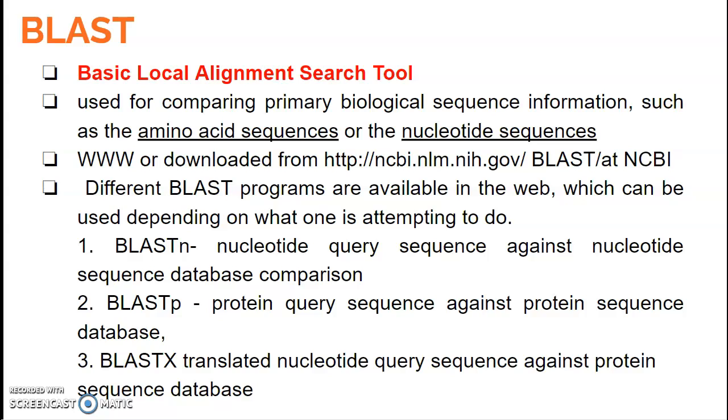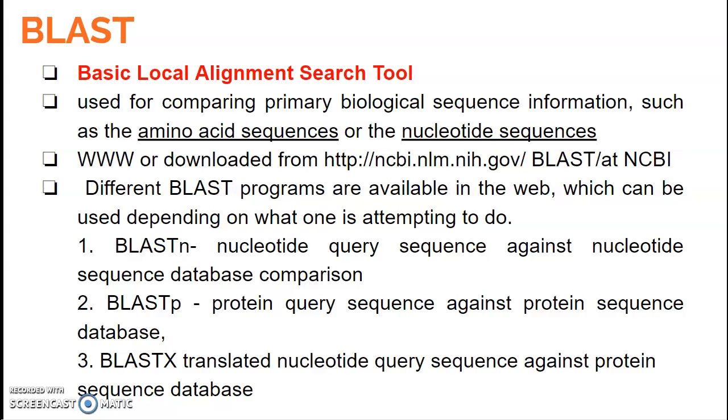Different types of BLAST programs are available according to the purpose the researcher has. For example, BLASTN is the program where I search for the perfect match of my query sequence.